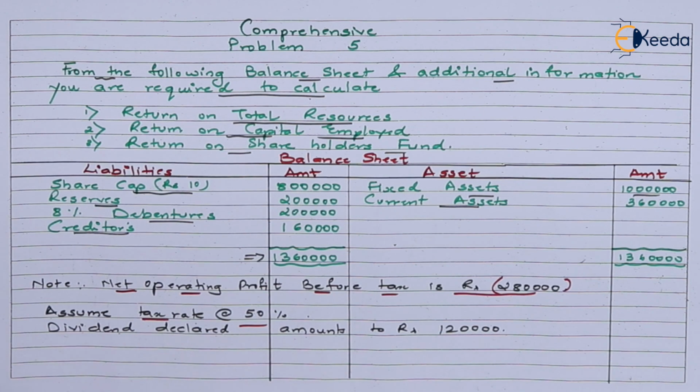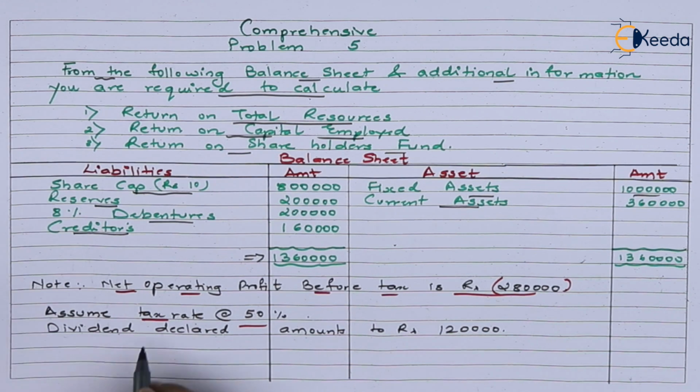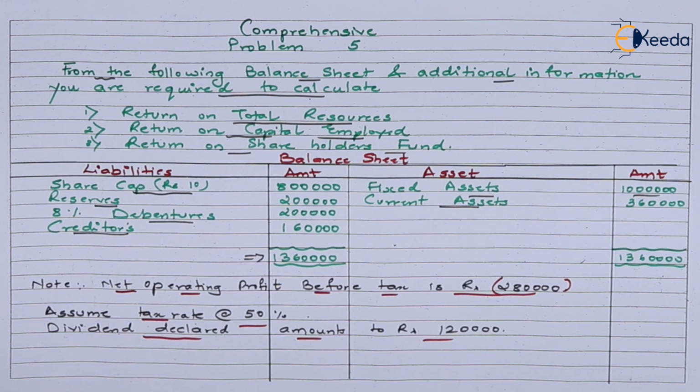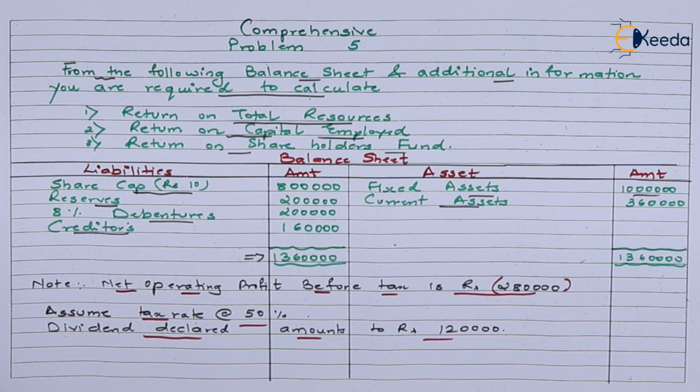That means on this 2,80,000, 50% tax will be deducted, which will give you the exact operating profit after tax, that is earning after interest and tax. Dividend which has been declared amounts to rupees 1,20,000 here. Now based on this information, we are supposed to figure out these three ratios. So let's start with the preparation of the ratios first.